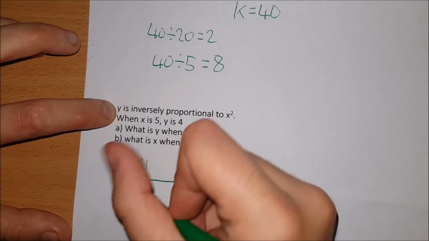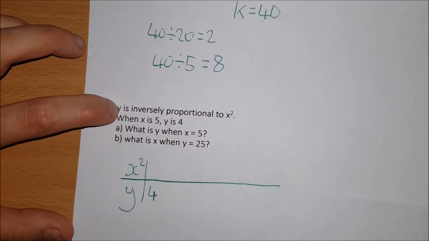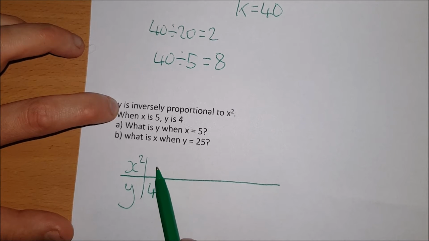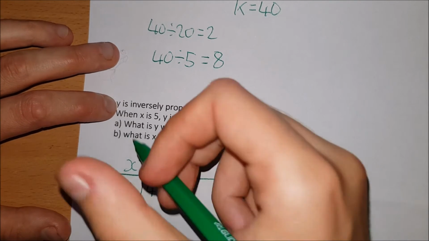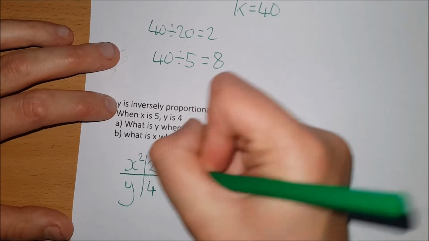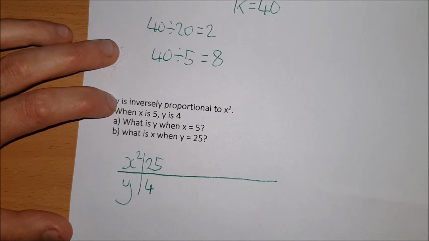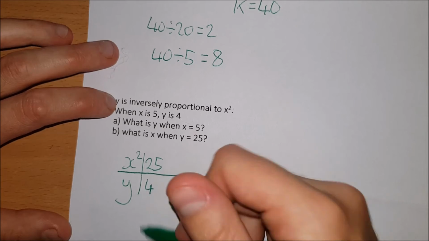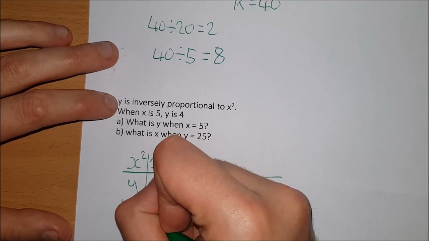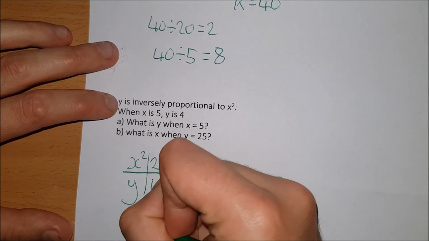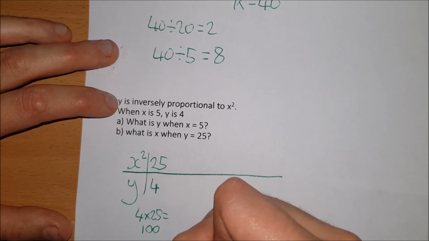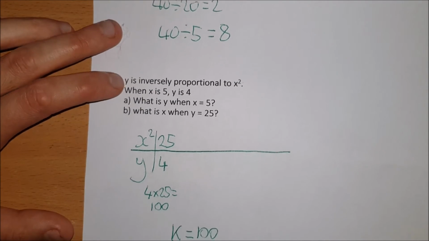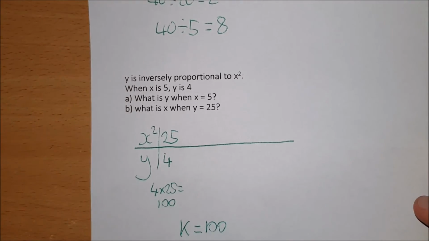So we put 4 as our y, but we can't put that value of x straight there because we need to square it first. So when x is 5, x squared will be 25. And we find our value of k by timesing the two numbers together. So 4 times 25 equals 100. So every pair has to times together to make 100 because the value of k is 100.